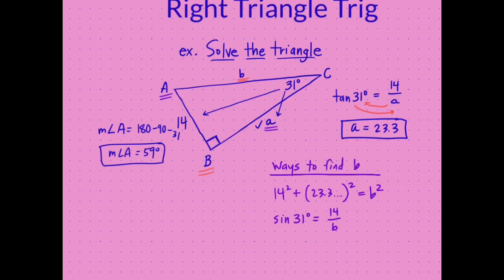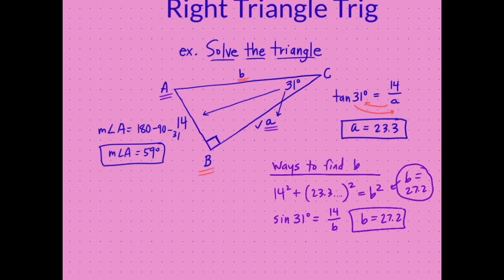And again, that's the hypotenuse, so B equals 27.2. If you do this Pythagorean theorem, by the way, I'm going to do 14 squared plus, and that 23.3, I'm going to reach back up in my calculator and get that number and square it. Add those, square root, and I get B equals 27.2. No surprise.